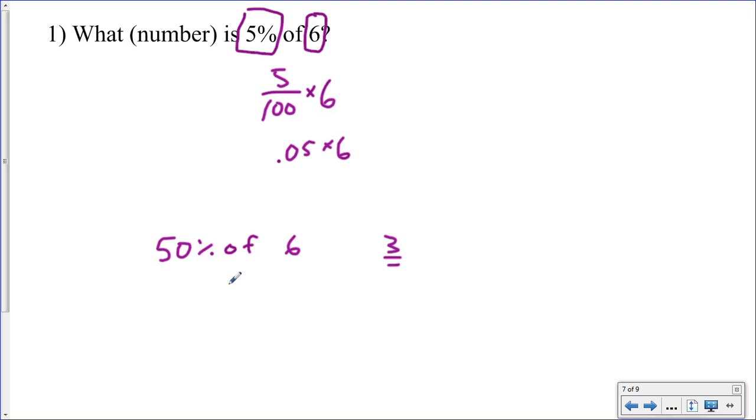We first try multiplication and see if it works, and then try division to see if it works. But 50%, 0.5 times 6, does that work? Yes, of course it does. 0.5 times 6 is 3. So why not try multiplication first, because it's the easiest, right? And in this case, multiplication works.